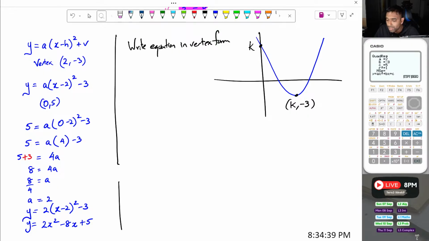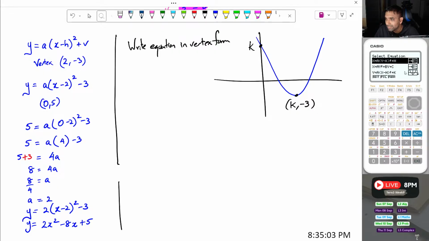You're trying to write the equation of this parabola in vertex form. Here's a tip: if you forget the vertex form, just go to your graphics calculator. It has it pre-stored in it, because you can just go to this thing called Connects.